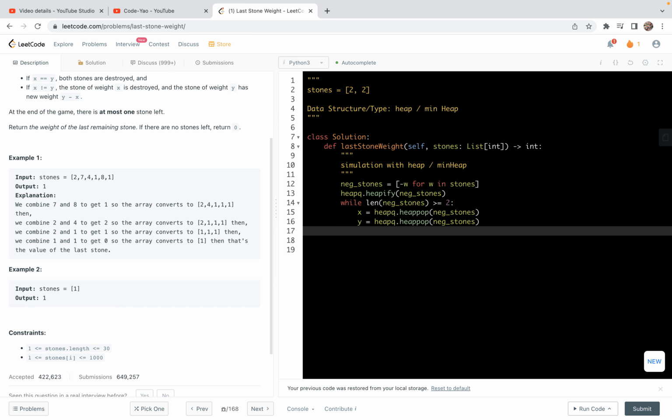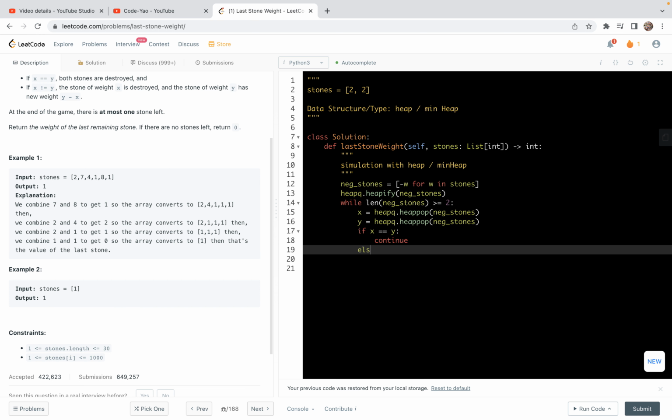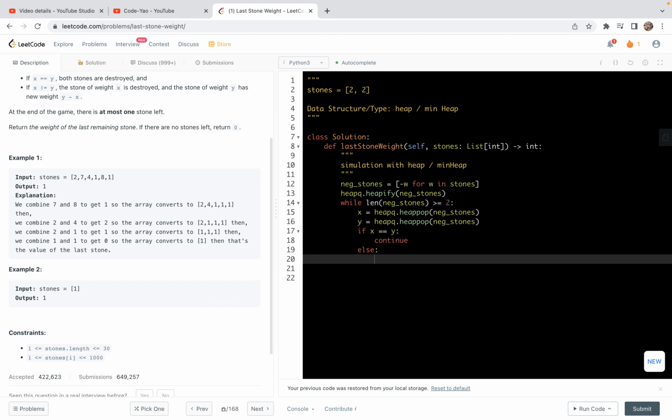Then we can examine the scenario. If x equals y, for sure negative x also equals negative y, and in this case we just continue. Otherwise, they are not the same. After the smash, the weight left is nothing but x minus y. We don't care about which minus which, we just need to know the absolute value.